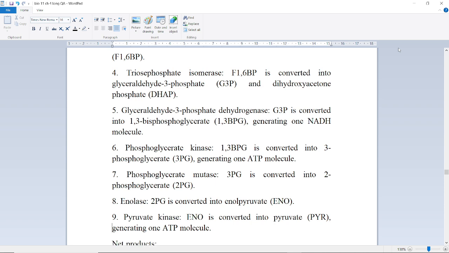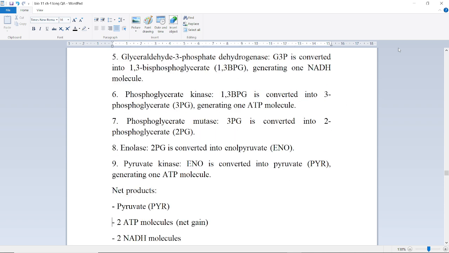Glyceraldehyde 3-phosphate dehydrogenase: G3P is converted into 1,3-bisphosphoglycerate, generating 1 NADH molecule. Phosphoglycerate kinase: 1,3-BPG is converted into 3-phosphoglycerate, generating 1 ATP molecule.